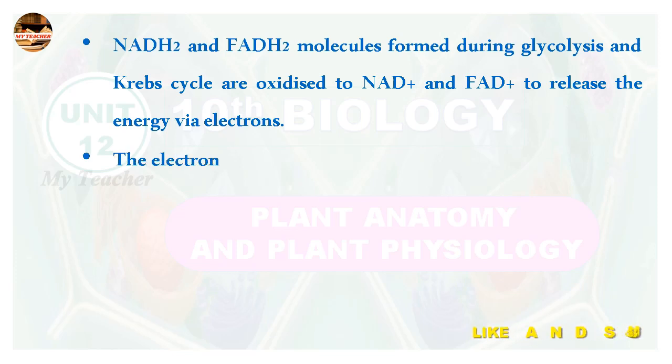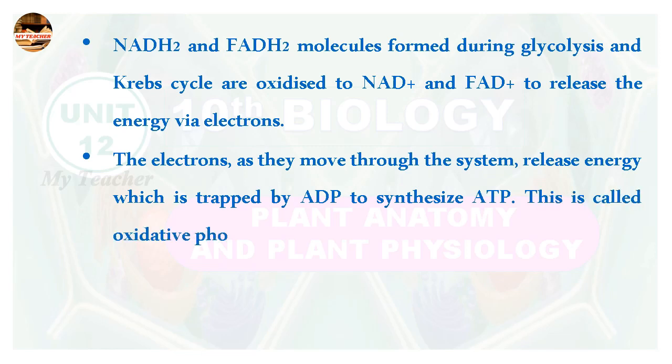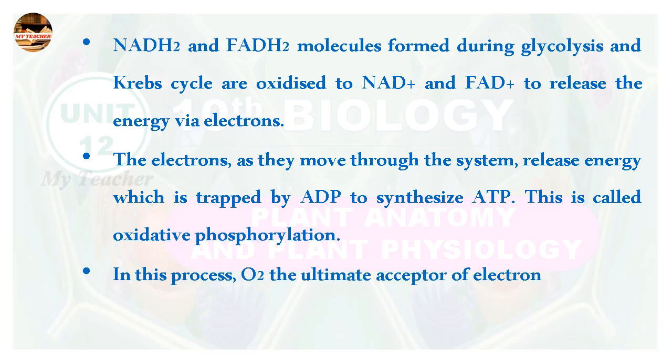The electrons, as they move through the system, release energy which is trapped by ADP to synthesize ATP. This is called oxidative phosphorylation. In this process, O2, the ultimate acceptor of electrons, gets reduced to water.